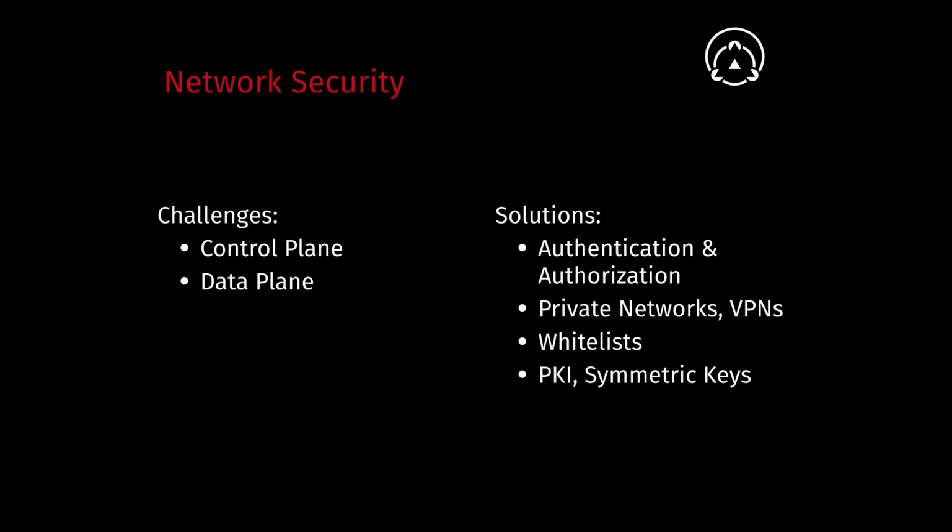In the network, we've also got to consider security. We've got challenges securing the control plane and the data plane. We've got different solutions for this, which can be introducing private networks, VPNs, public key infrastructure, symmetric keys for encryption.